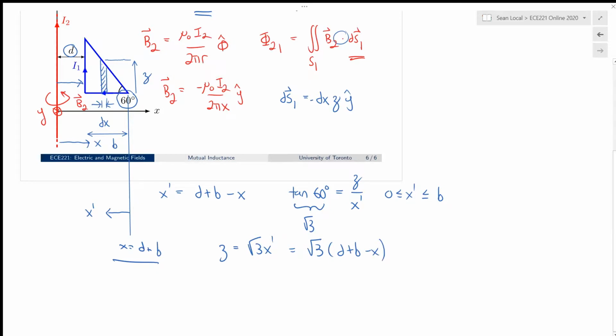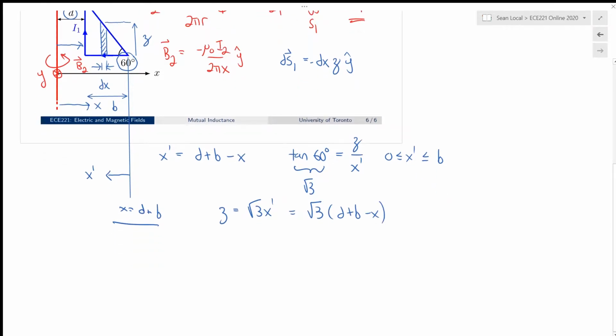So now we can return to our expression for ds1 that we have up above. This is going to be minus y hat, and then we have root 3 times d plus b minus x for z, and then we multiply by dx.